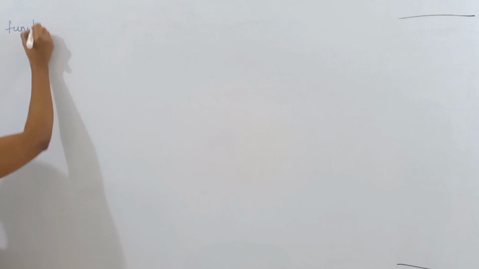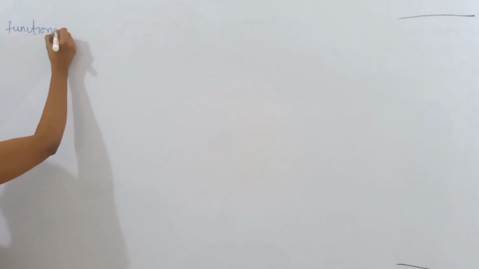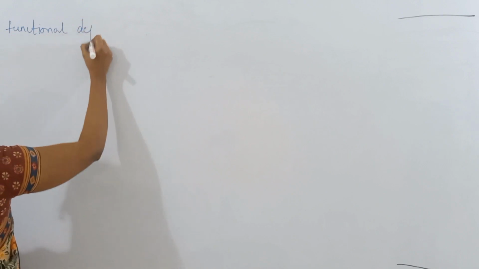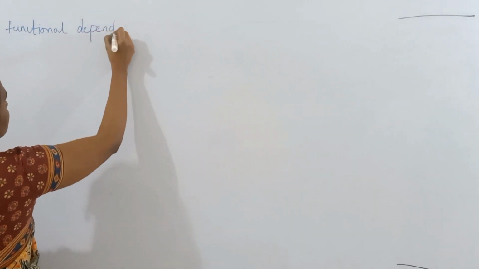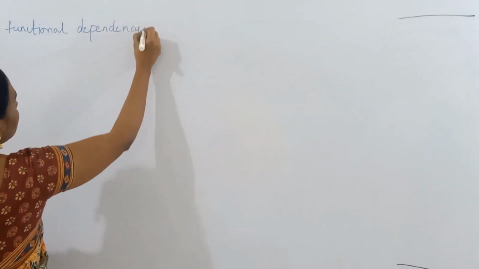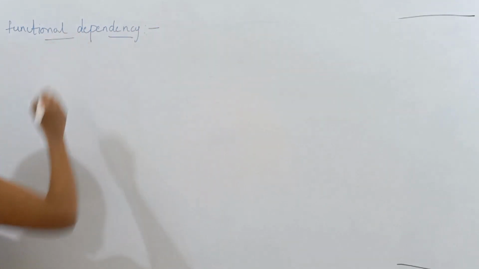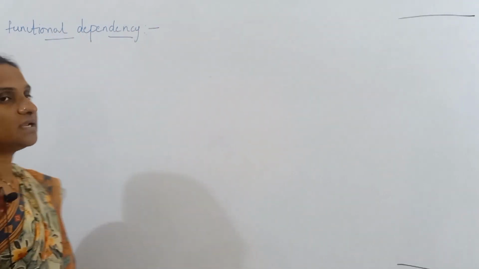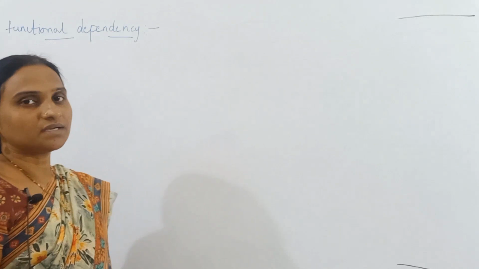So what is functional dependency? Functional dependency is a relationship between two attributes.